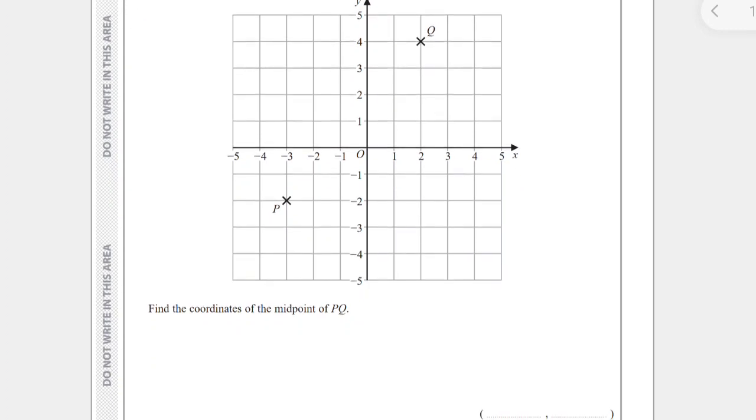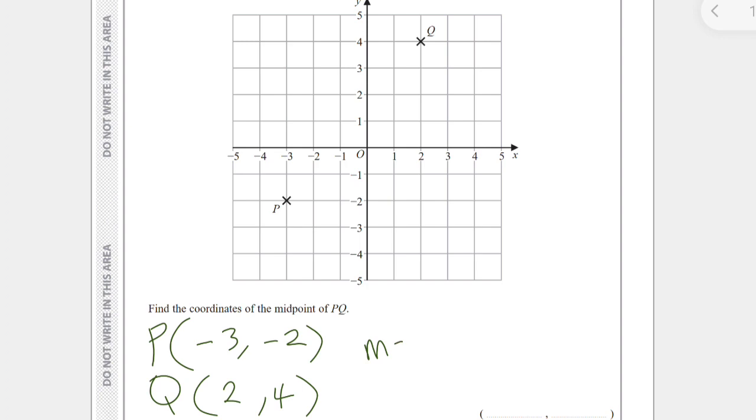Find the coordinates of the midpoint of PQ. So this is P, which is (-3, -2), and Q, which is (2, 4). The midpoint is given by the mean of the x values and the average of the y values.